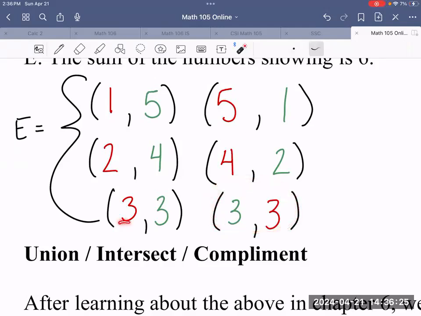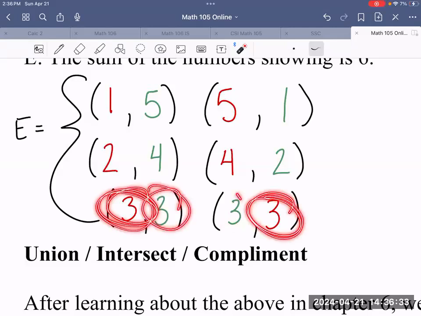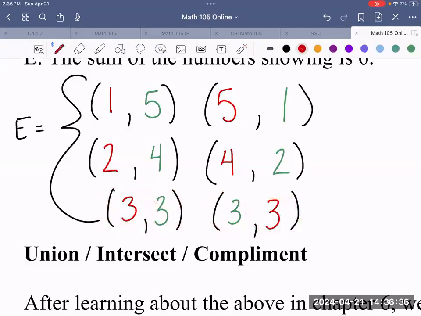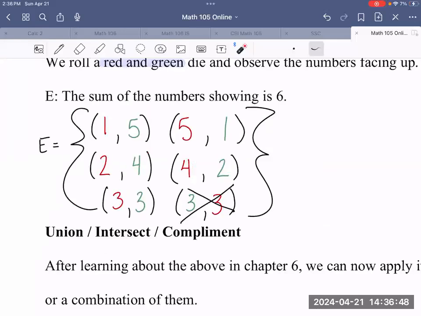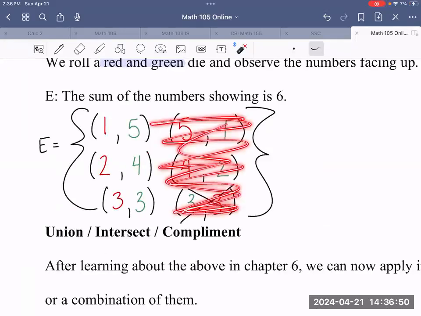Yes, even if I change the order, the red one is still 3 and the green one is still 3, which means we cannot count this as an alternative. Any sort of double counting, we're going to get rid of. Now, if we were talking about indistinguishable dice, you would only have these 3.